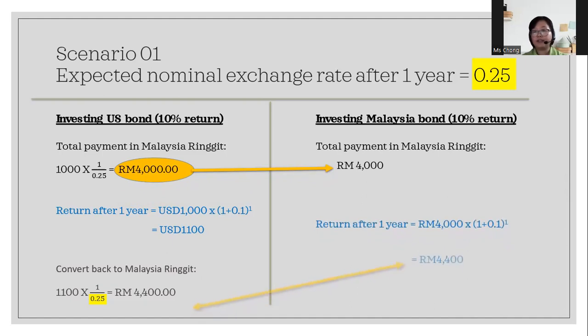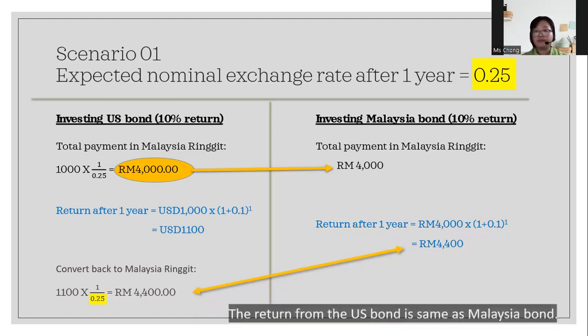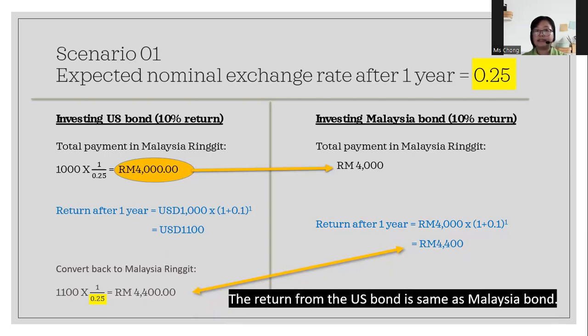It is 4,400, the same as the US bonds. So in this scenario, I can choose either to buy the US bond or to invest in Malaysia bonds, because the returns from both are the same.